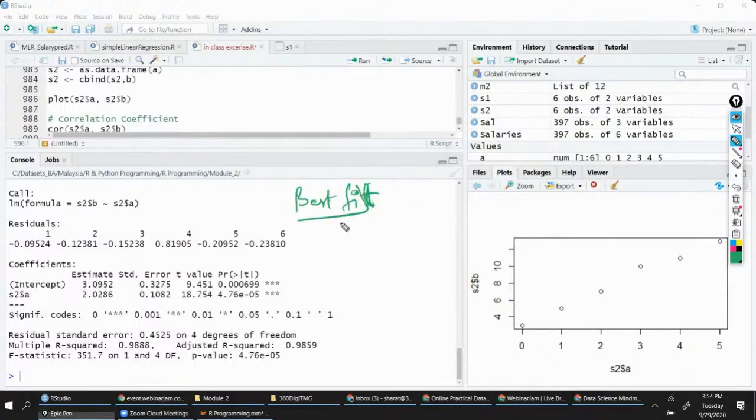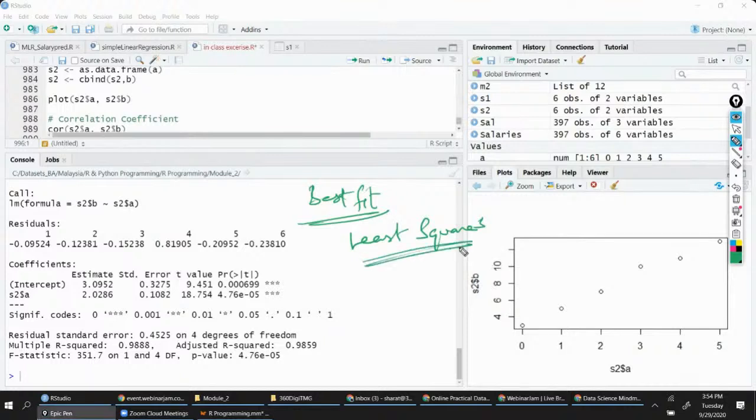The best fit line is basically giving us a line which is having the least squares distance from the data to the line. Least squares errors. Right? Now you can see residuals.